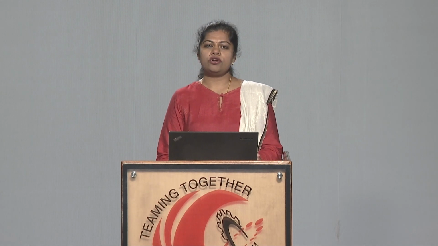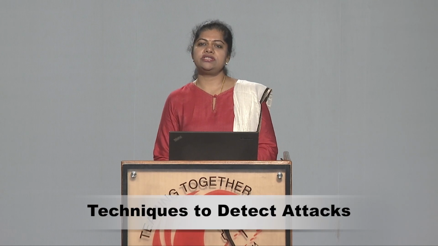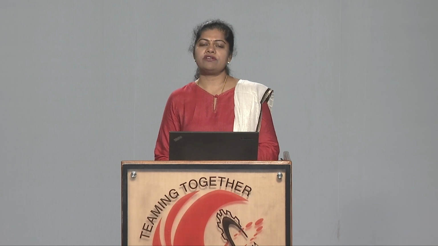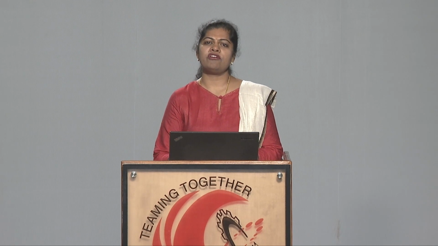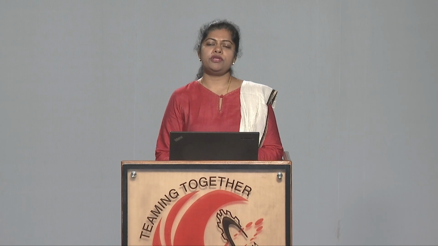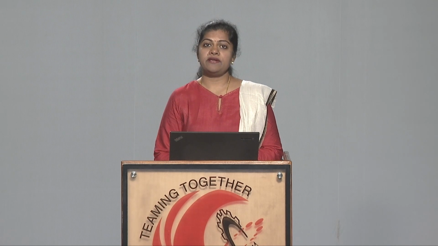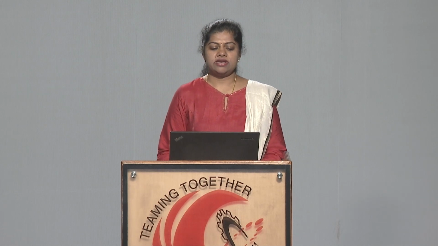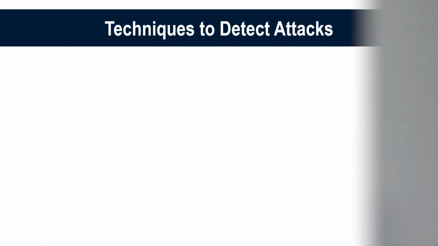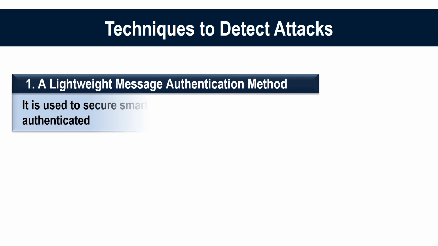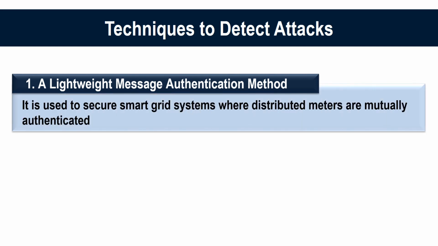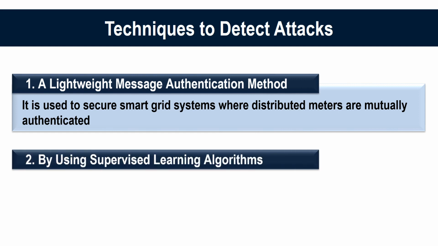Now let's see what the different techniques are to detect these attacks. These are maybe one of five techniques which can be used to detect this attack; there can be many other ways. The first is a lightweight message authentication method, used to secure smart grid systems where distributed meters are mutually authenticated by using supervised learning algorithms.